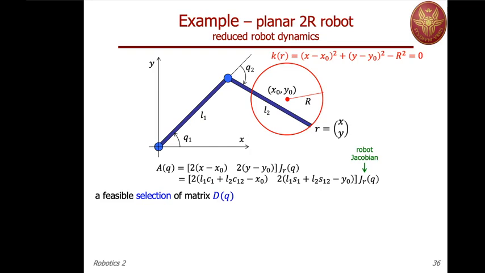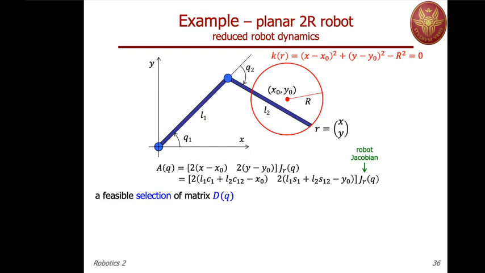So we assume, for instance, this would mean that our representation holds out of singularity provided that the circle does not touch at any point neither the outer border of the workspace, where the robot Jacobian JR is singular, nor the inner border of the workspace.